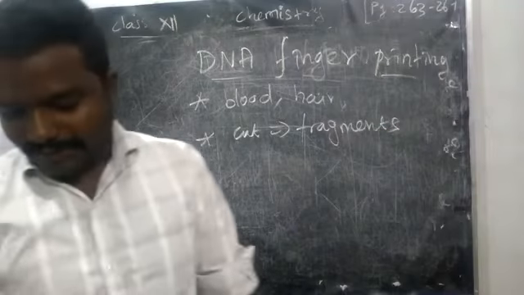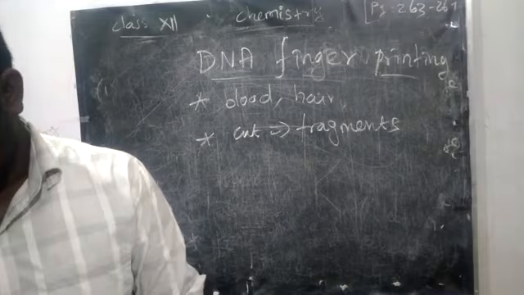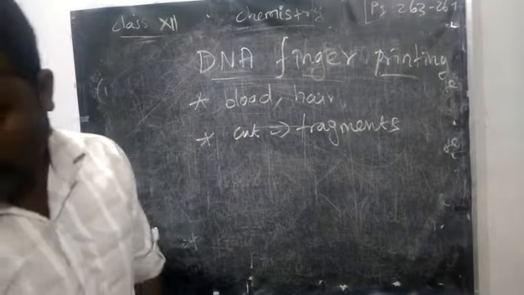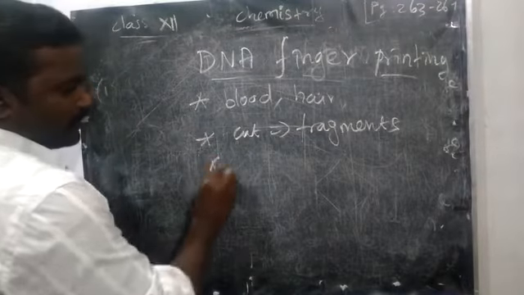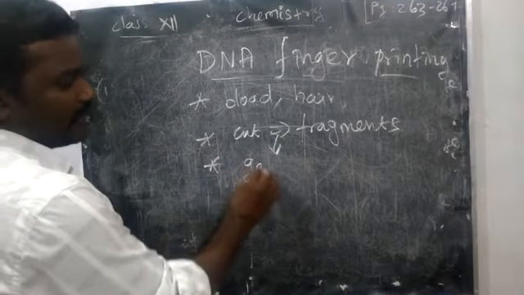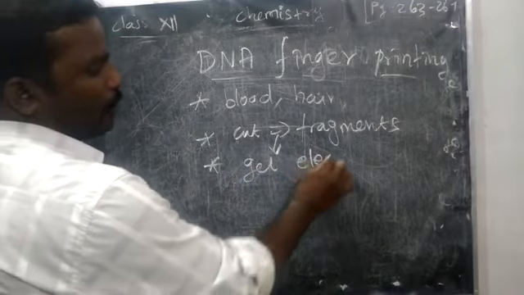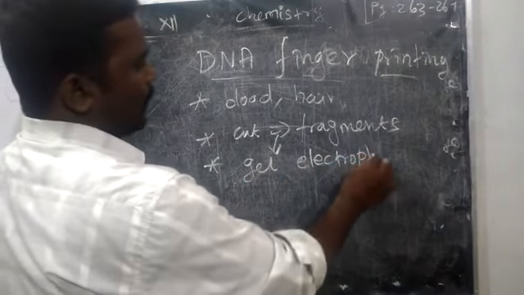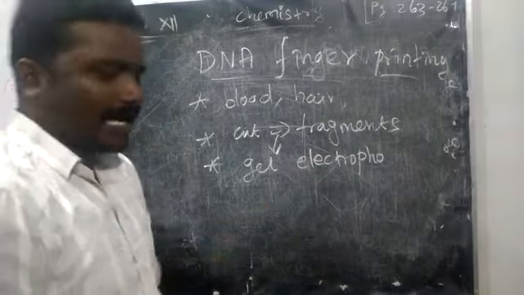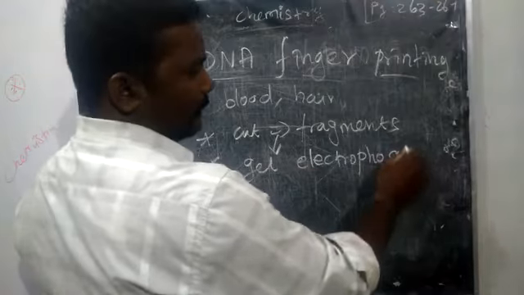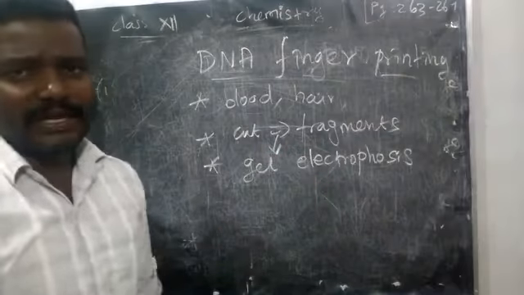Those fragments are taken for a technique called gel electrophoresis. This is the next step, gel electrophoresis. Electrophoresis and electroosmosis you may study in surface chemistry.